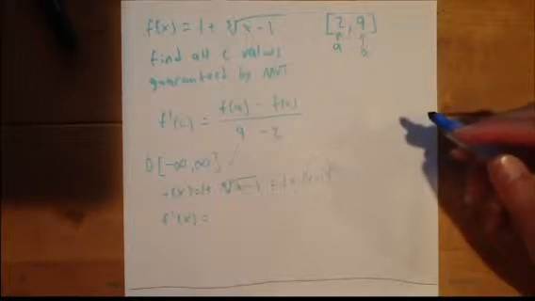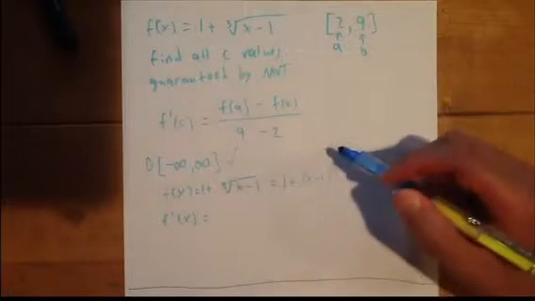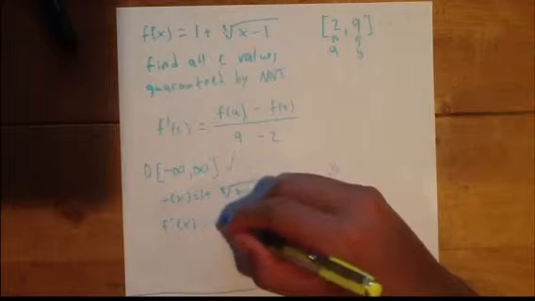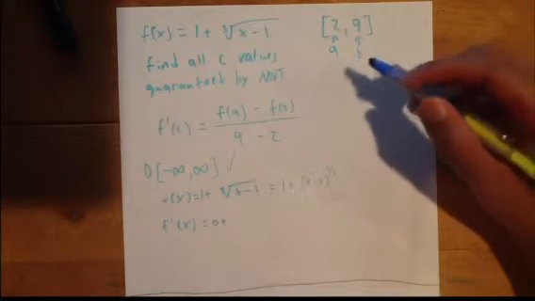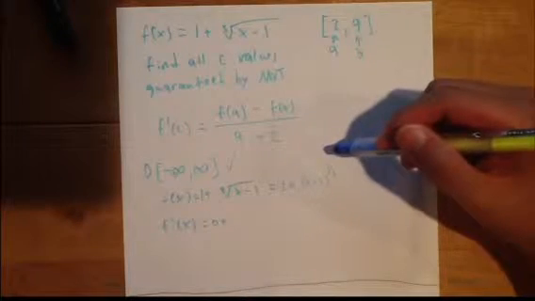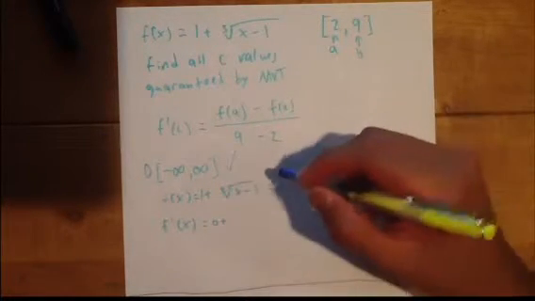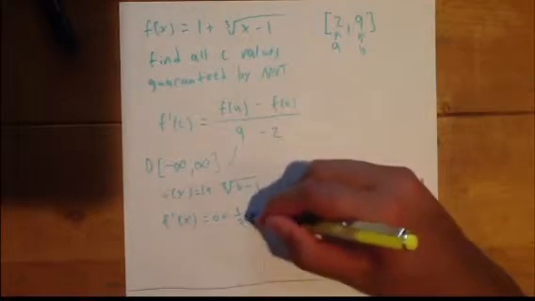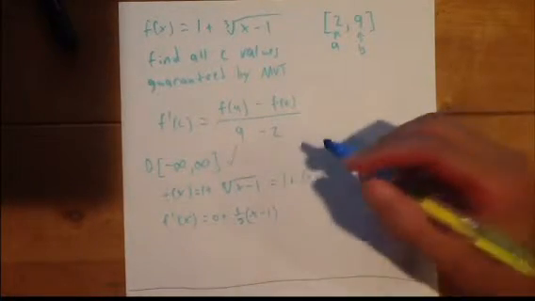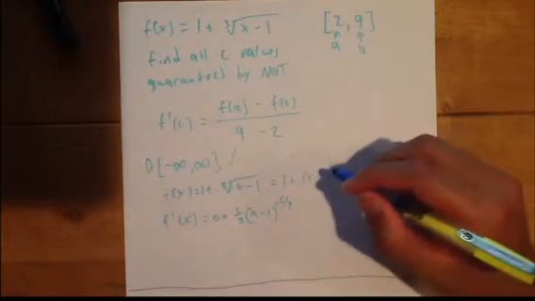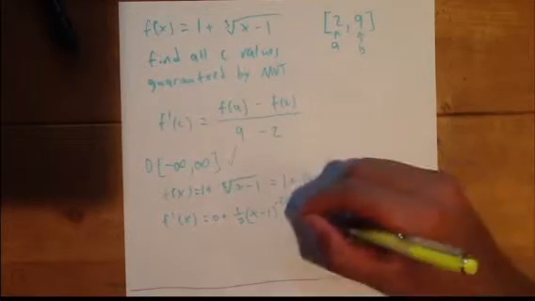So taking the derivative of that, the derivative of a constant is 0, so we go 0 plus. Now, with this, we're going to do a little bit of product rule mixed with a little chain rule. Yes, chain rule. So we're going to move the 1/3 out front: 1/3 times, leave the inside alone, x minus 1. Subtract 1 from the exponent here, so I'm going to get negative 2/3. And multiply by the derivative of the inside, which is just 1 here.